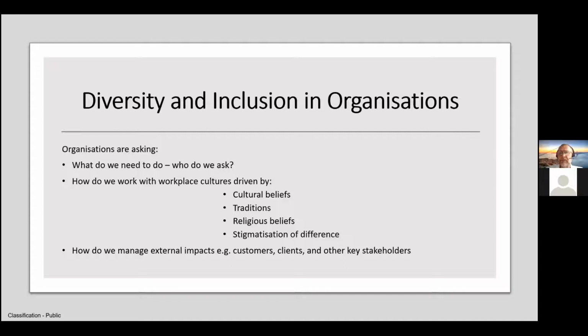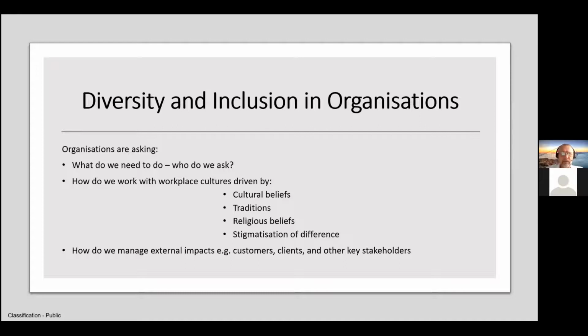And some of those may be different internationally, and people will come with different traditions and religious beliefs. Sometimes they come up against each other and may cause friction. And there's also a definite potential for people who are different, perhaps in a minority group or different from the main group, to be stigmatized, to be viewed differently and treated differently.